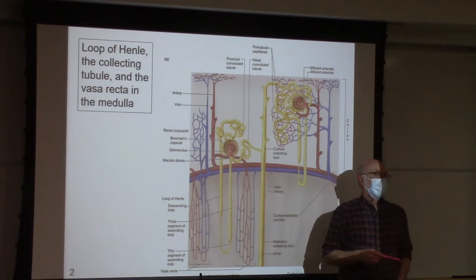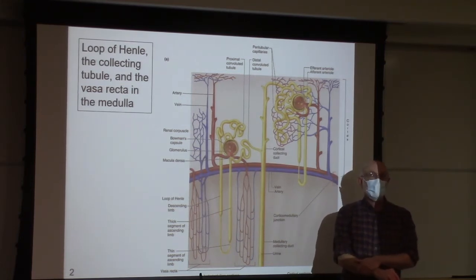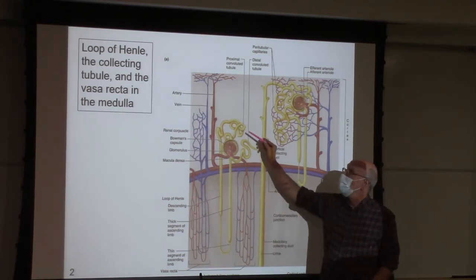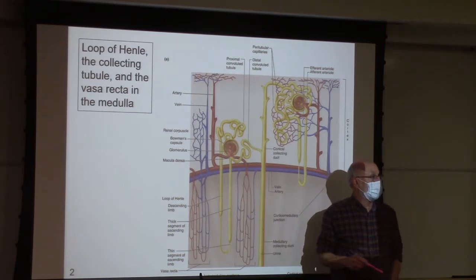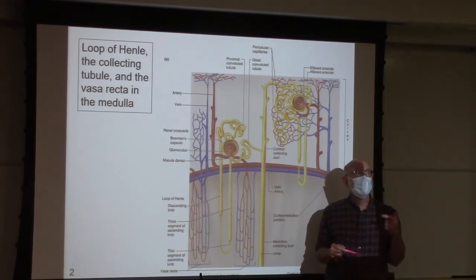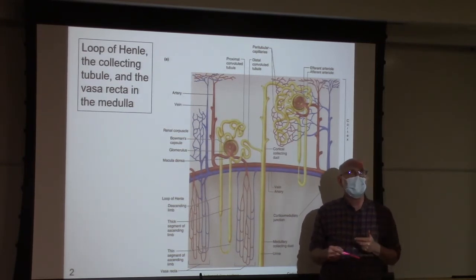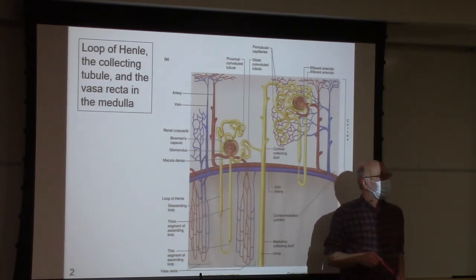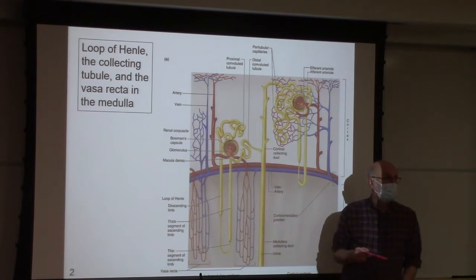But if you become a nephrologist, which is what a doctor who specializes in kidney disease is called, you learn more about all of these other transport processes that are going on. We're staying focused on sodium, glucose, a little bit of potassium. We'll talk about urea, but we're not talking about a lot of other things.